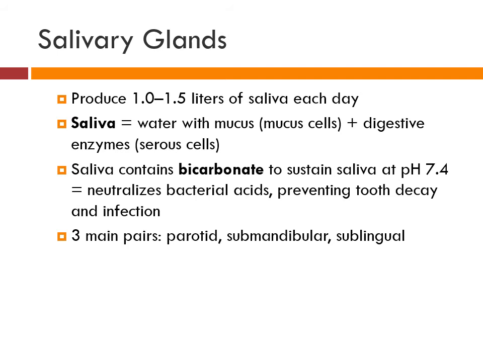We already looked over our three pairs. The submandibular gland produces about 70% of our saliva, and then the sublingual and parotid glands produce the other 30%.